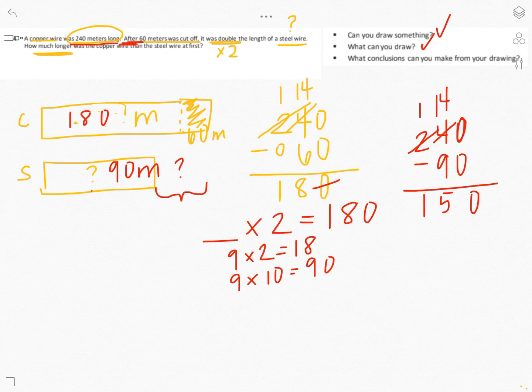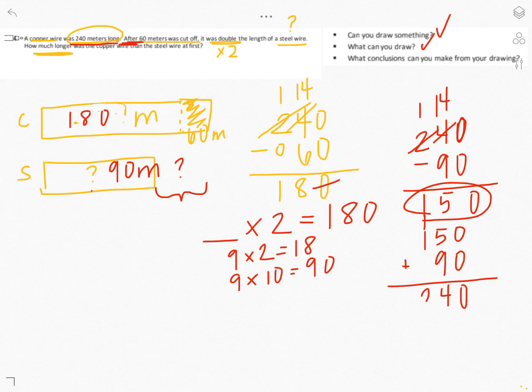So I want to take my final answer, 150, and add it to the number I've subtracted, my original length of my steel wire, which should give me the total of my copper wire if I've subtracted correctly. And they match. That's a good sign.